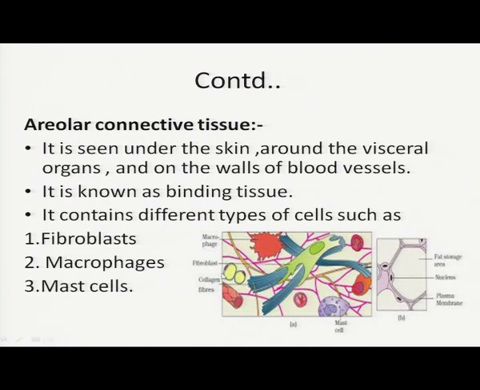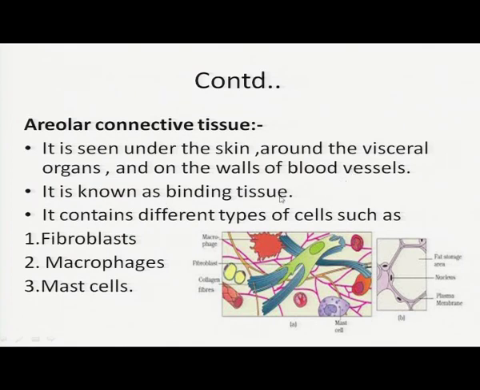The first category, areolar connective tissue, you can see the diagram here. It is seen under the skin. Commonly they are seen under the skin, around the visceral organs, the internal organs, and on the walls of blood vessels.